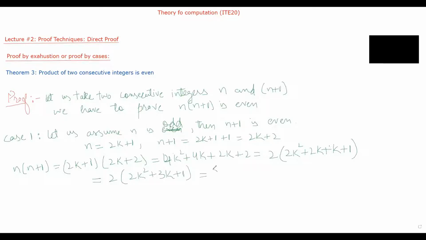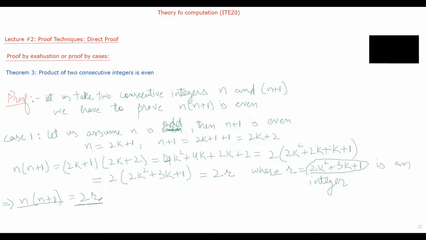Or we can write it as 2 into r, where r is equal to 2k square plus 3k plus 1, an integer, because the operation between the integers will be an integer. So n into n plus 1 will be equal to 2r, and whenever some number is represented in this format 2 into r, that implies n into n plus 1 is even. So we have proved case 1.